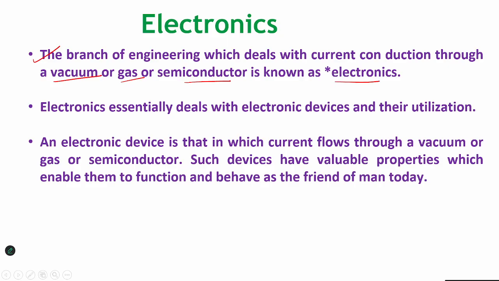Essentially we deal with electronic devices and their utilization. In electronic devices, current flows through a vacuum or a gas or a semiconductor. They have some specific properties that make them behave as a friend of man today.